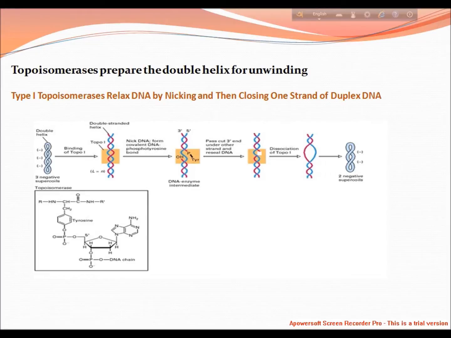Since E. coli topo 1 cannot remove positive supercoils, it is unlikely to play a role in growing fork progression, which generates positive supercoils. In yeast, either topo 1 or topo 2, both of which can relax positive and negative supercoils, functions in the movement of growing forks.